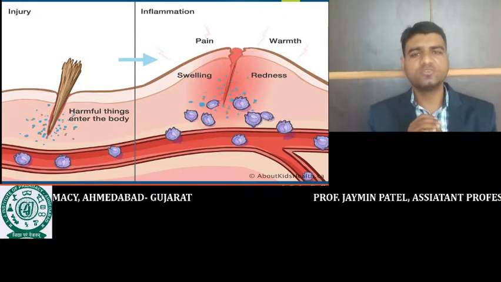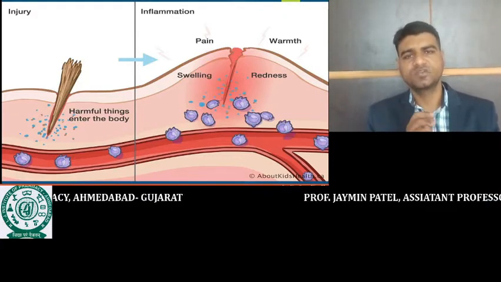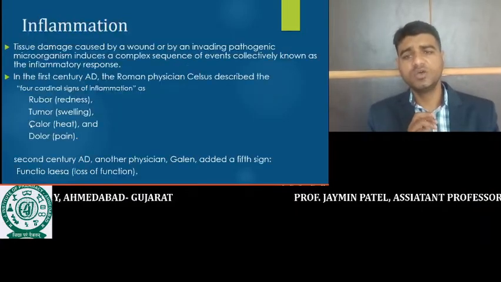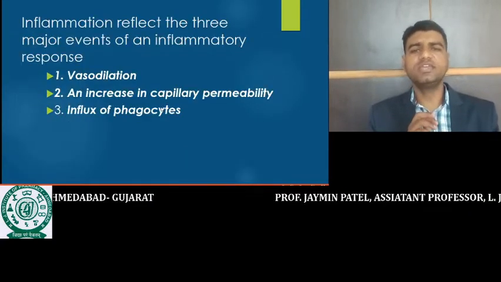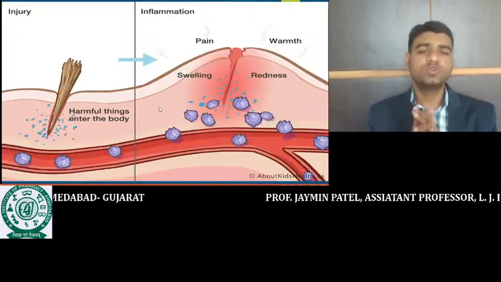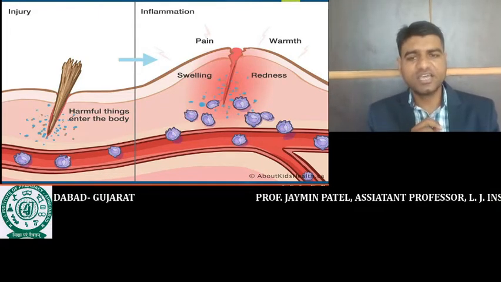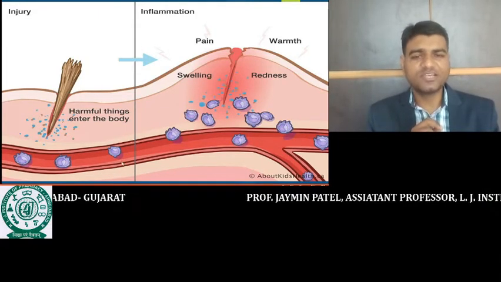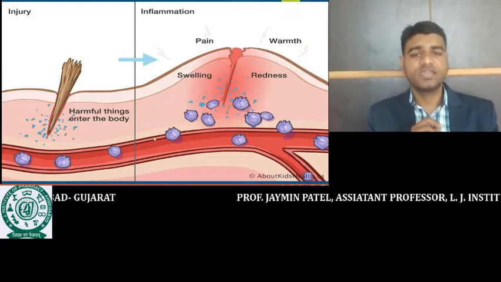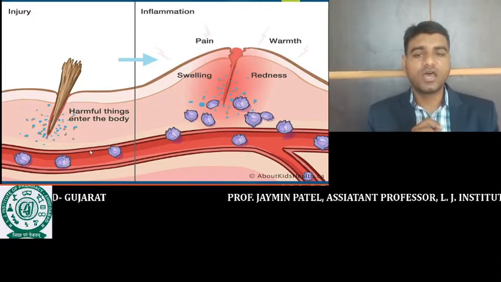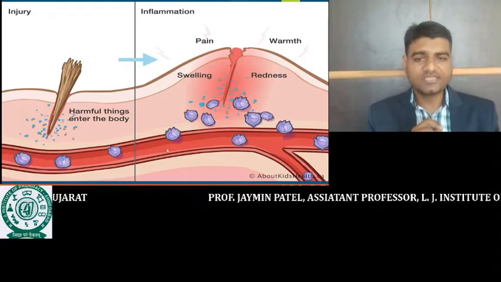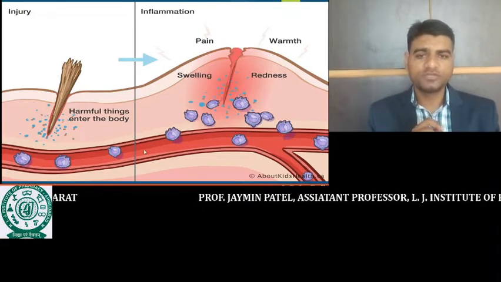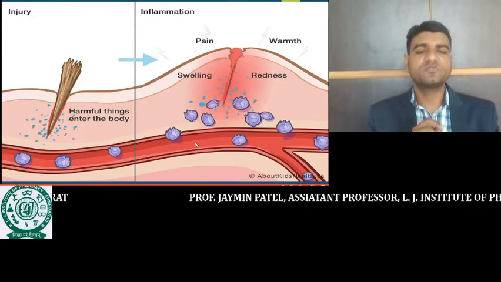Now the question should arise about the other two signs, that is these two, calor and dolor. Calor means the heat. So how is the heat generated at that particular part? As we discussed, there is increased capillary permeability due to the vasodilation. So here vasodilation occurs, and a large quantity of fluid passes from these blood vessels.